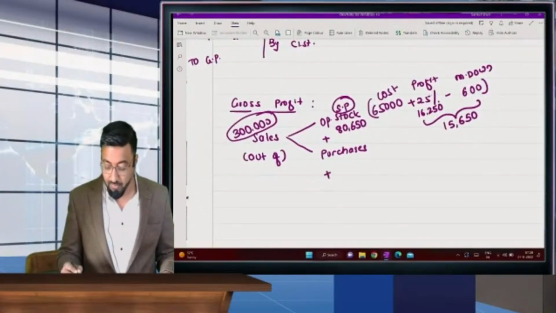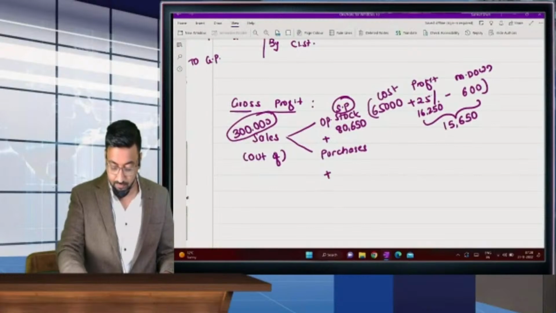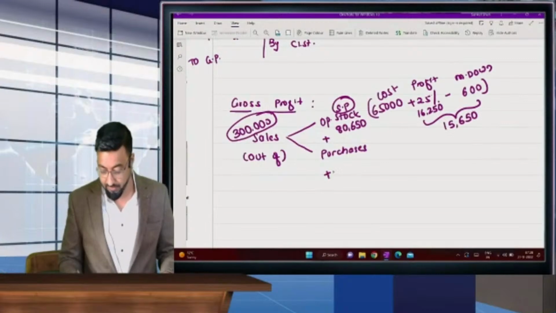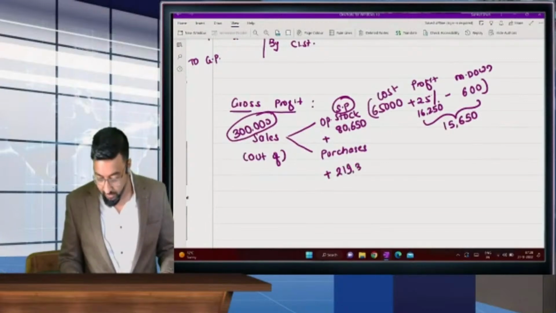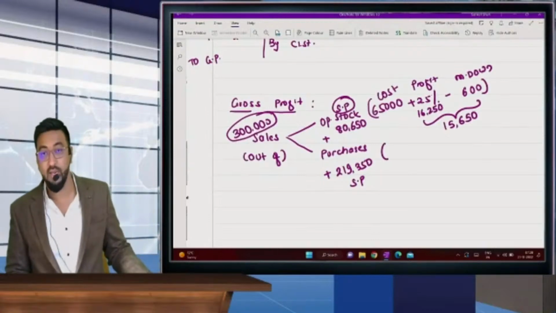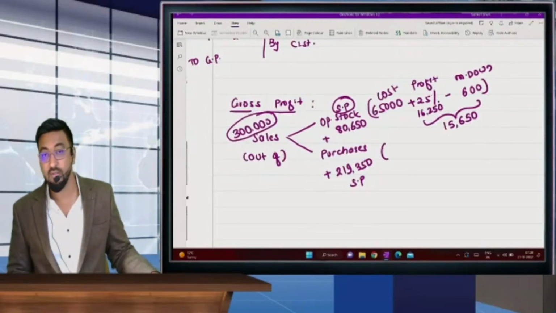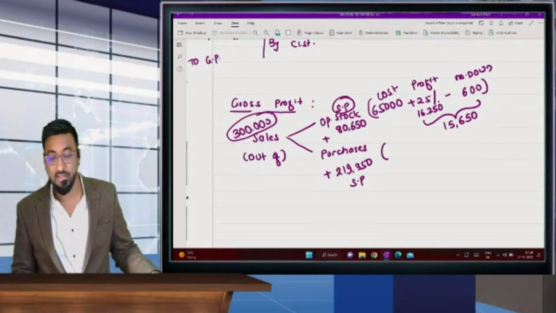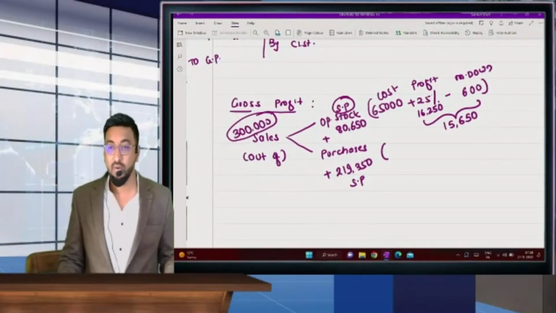Now what is my purchases out of this beta? If 3 lakhs is my sales, out of that I sold goods of 80,650. So my purchases value, my selling price purchases value is 2,19,350. Okay. So now how did I get this 2,19,350? See, this 2,19,350.